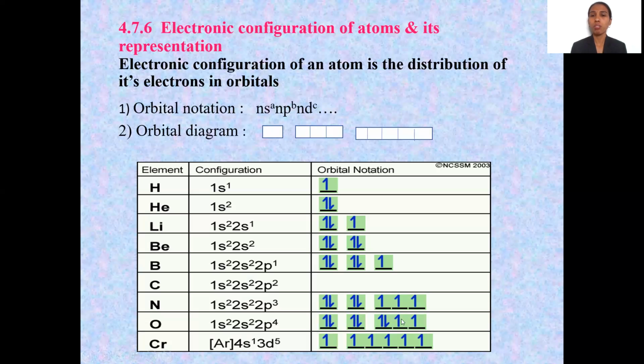The electrons will first go in each orbital of that respective subshell, and then the electrons will pair. Once all orbitals are singly occupied, then the electron will pair up in the first orbital. नंतरच इलेक्ट्रॉन काय करेल? पेअरिंग करायला सुरुवात करेल. जोपर्यंत प्रत्येक ऑर्बिटल मध्ये एक इलेक्ट्रॉन जात नाही तोपर्यंत तिथे पेअरिंग होणार नाहीये.